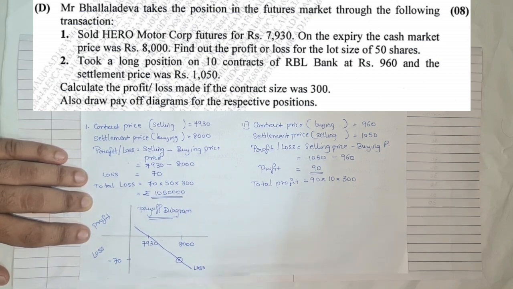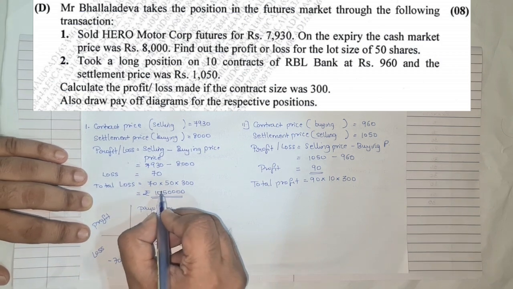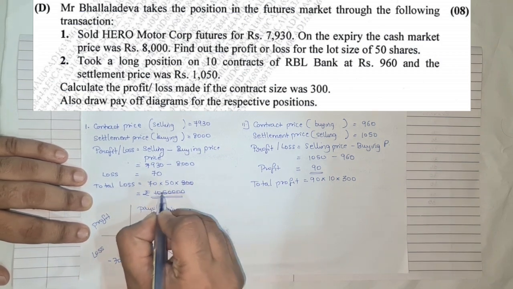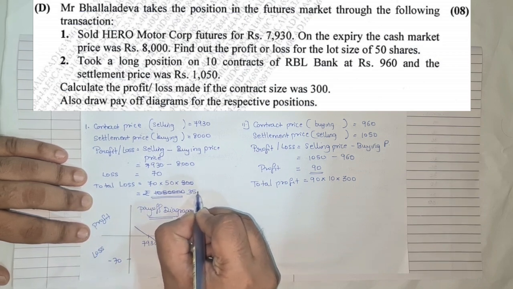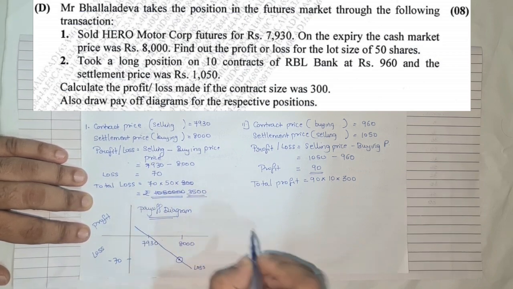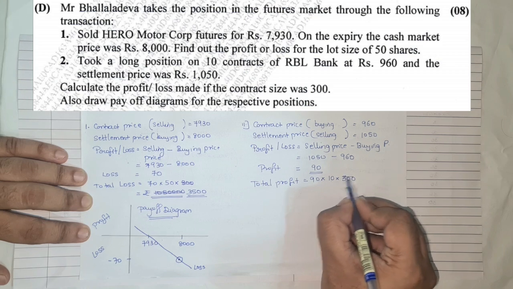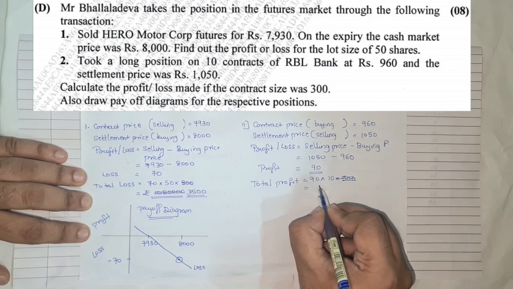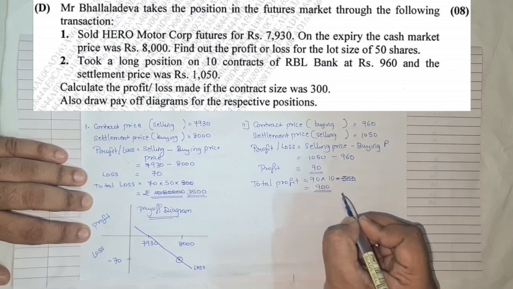So we'll just make some changes there. 70 into 50, so that was 3500. So we change this part, this will become 3500 loss. Same way, total profit right now it is only for 10, so that will become 900 profit.